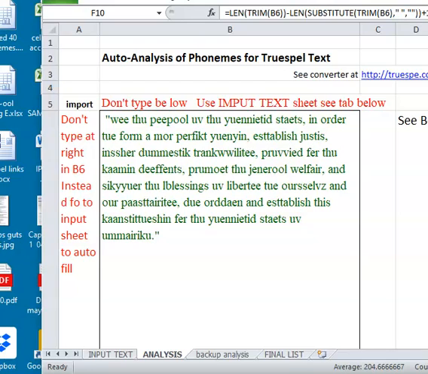Truespel phonetics can show you the relationships of vowels and consonants, and the number of letters, and the number of syllables, because syllables equals vowels. So that's my story for today, and I'm glad to introduce you to the new syllable and vowel and consonants counter that I developed for Truespel.